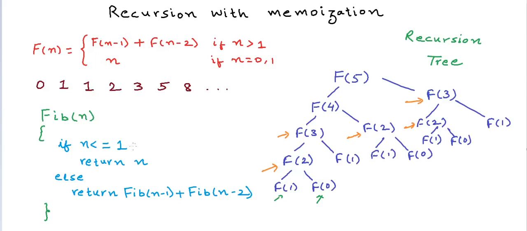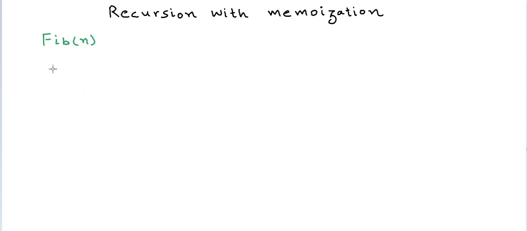So I will modify the function here on the left a little bit. I will write this function fib of n again, and let's start with a base condition. If n is less than or equal to 1, we simply return n. What this basically means is that we already know f0 and f1, so anytime we are asked for f0 and f1, we simply return it and do not make a recursive call.